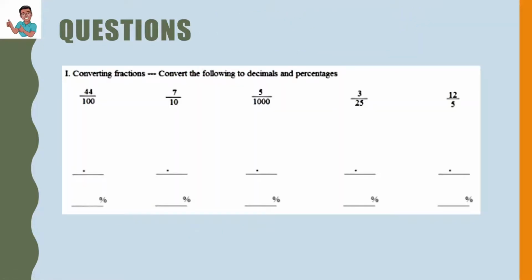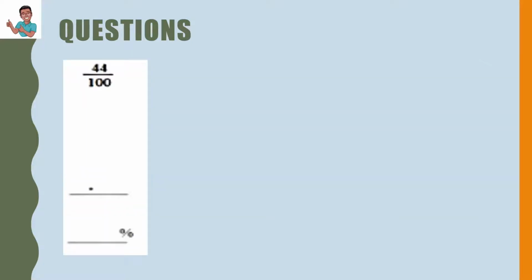Alright, let's have a look at an example question. They look something like this in your exam. Here we have the fraction 44 over 100. Let's change this to a decimal first. Our rule said to convert into decimal, we do the numerator divided by the denominator. 44 divided by 100 is 0.44.